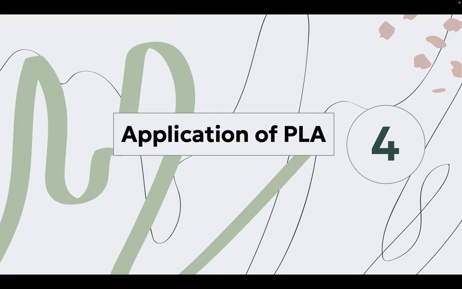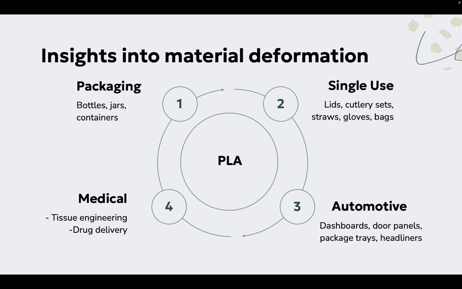Now, I want to talk about the application of PLA. PLA is used in a wide range of applications. The first thing I want to discuss is packaging, especially food packaging. Because of its great biocompatibility and good physical properties, PLA is widely utilized in manufacturing of bottles, jars, and containers, as well as in fresh food packaging solutions.